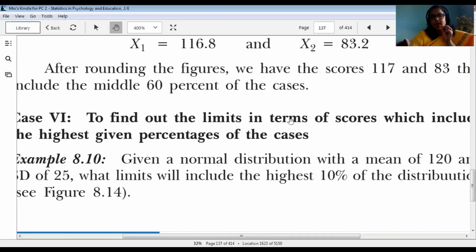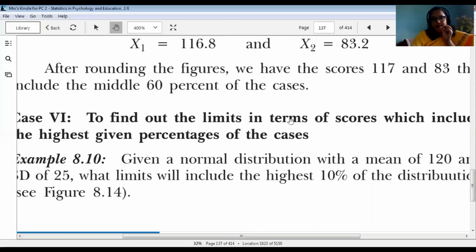Say, for example, if I want to find the upper or higher score and lower score, which is exactly related to the terms upper limit and lower limit in terms of scores, of the top 5% of a particular class, we can use the normal probability curve and we can show it.